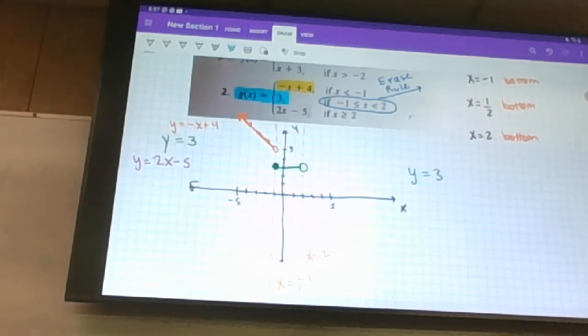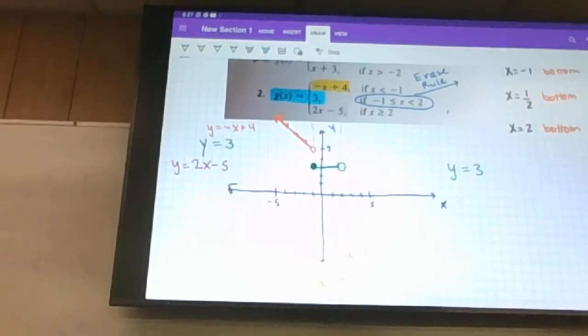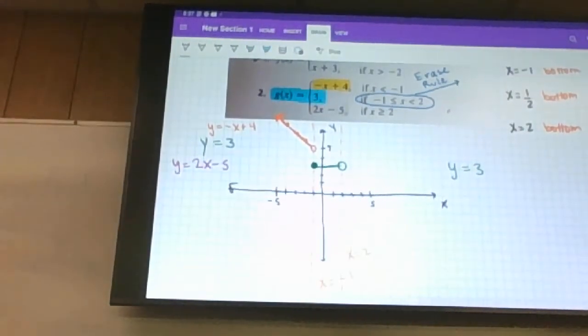You try to figure out where you want to erase, what it should look like, how to graph it. Use the y-intercept, use the slope. Graph 2x minus 5.